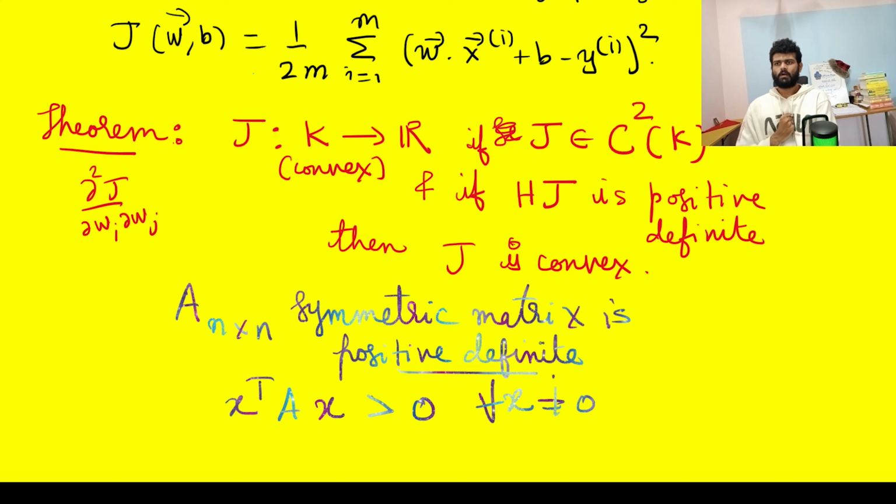That's the definition of a positive definite matrix.